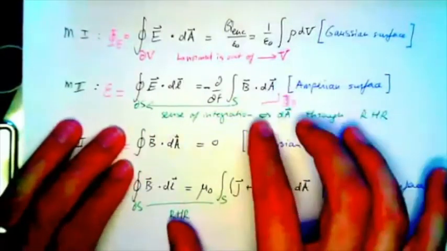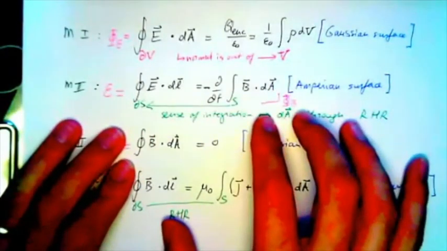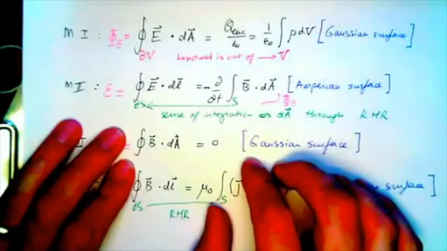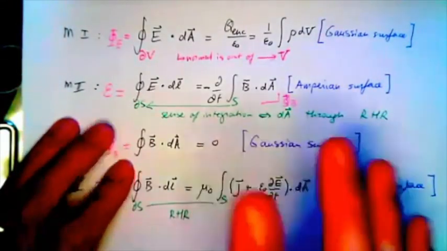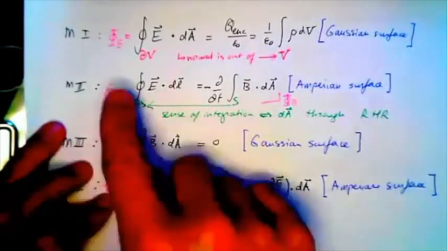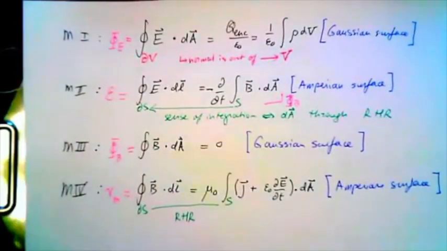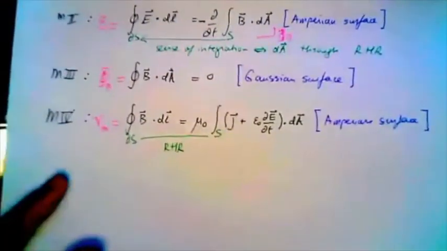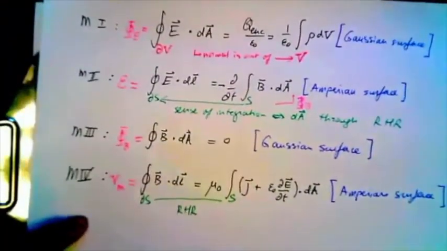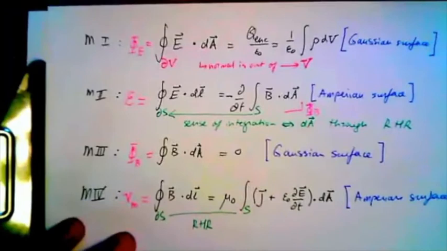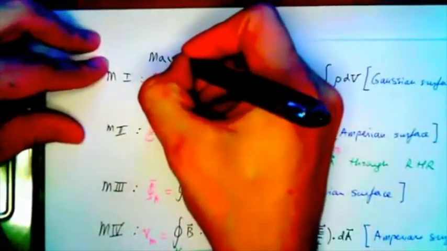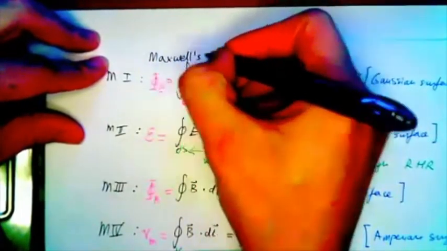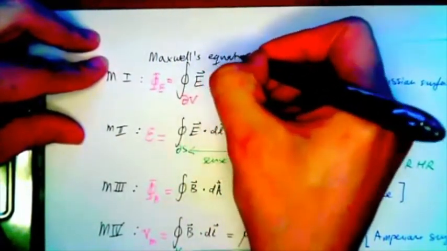You'll probably learn how to do that when you do Physics 311, and you'll use Gauss's and Green's theorem to convert these into differential form, and it cleans them up a lot, and you don't need fluxes anymore. So these are Maxwell's equations in vacuum.